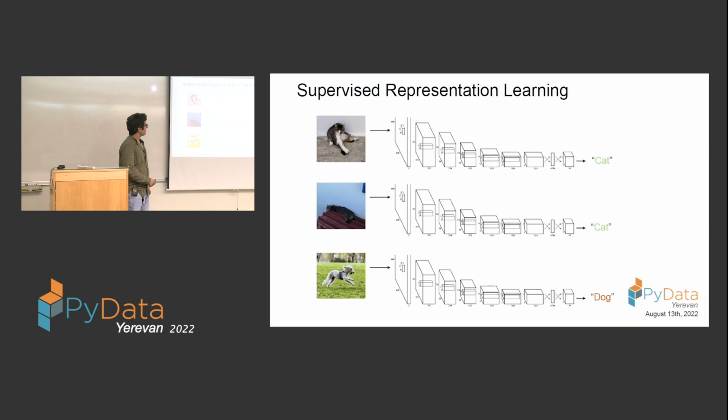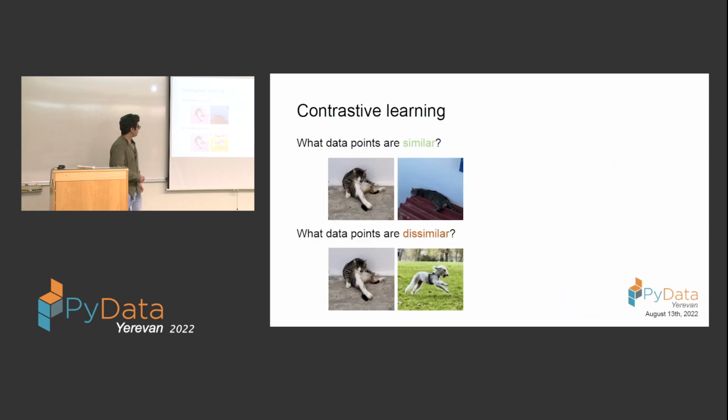If this is a cat in the training, we were changing all the weights over the network to make the cat the output. But here we don't have the labels. So the question is how we can find the similar and dissimilar in input data and then train the network. Then after that, the trained network can tell you if they are similar or dissimilar.